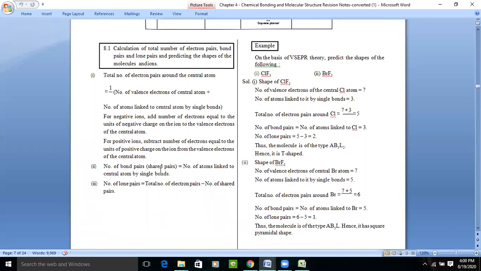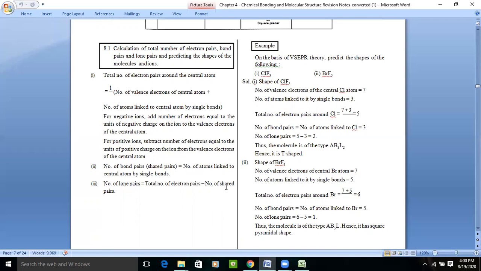Number of bond pairs is equal to the atoms linked to the central atom by single bonds. Whenever an element combines with another atom, they share electrons and form a bond, so they affect each other. The number of lone pairs is the total number of electron pairs minus the number of shared pairs.